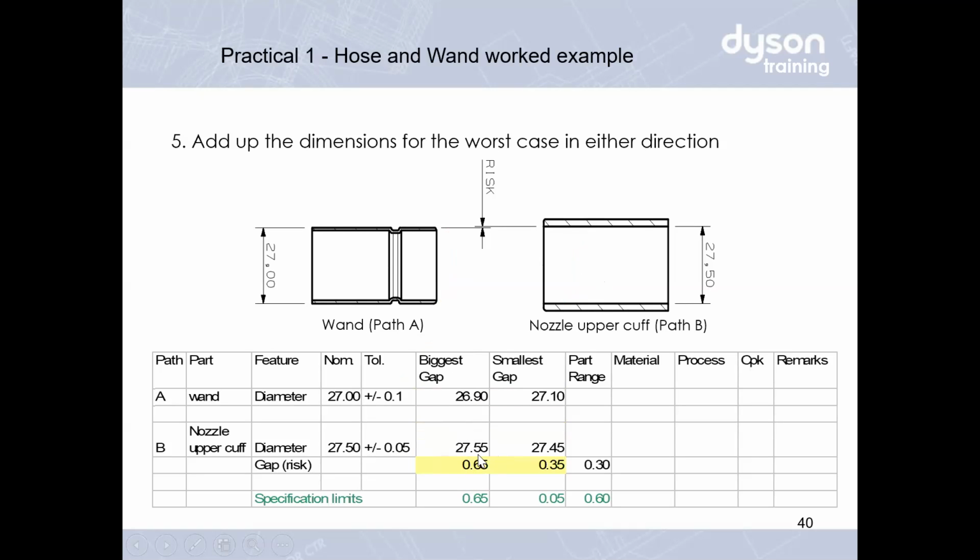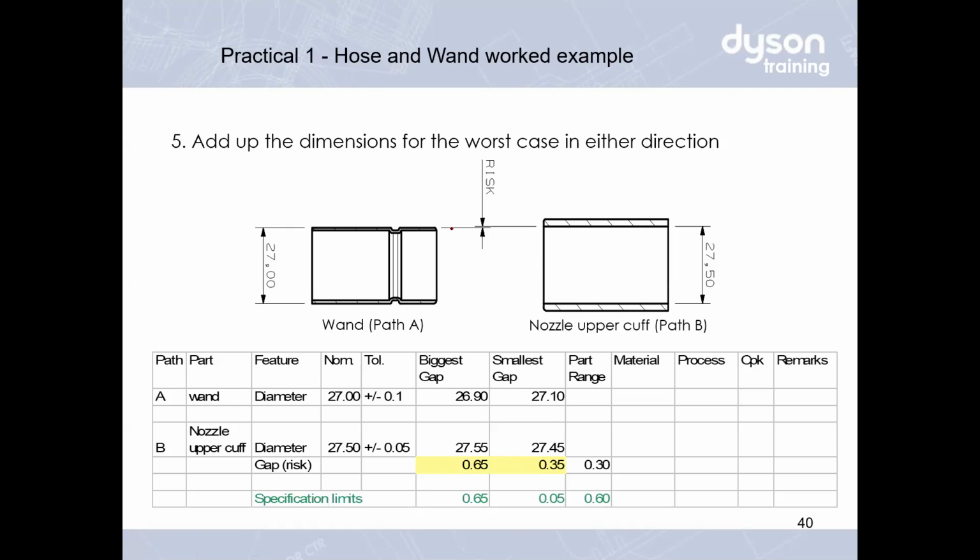The difference between the maximum dimension of part B minus the minimum dimension of part A is the maximum gap.